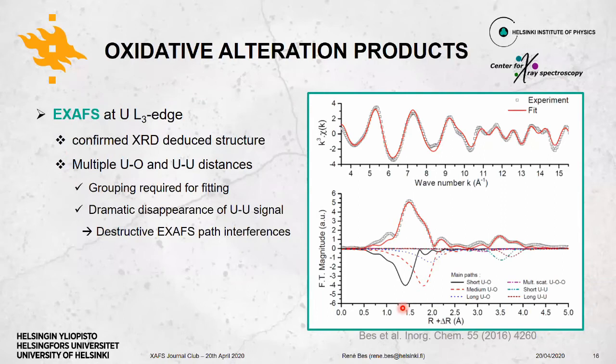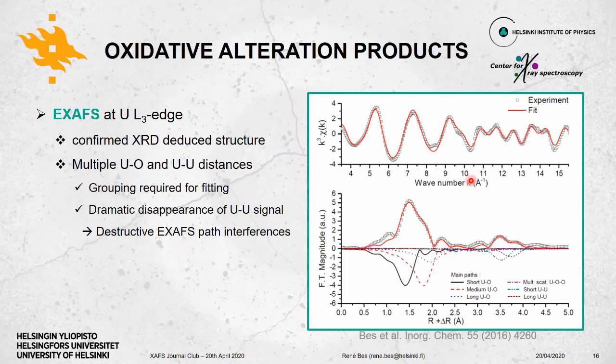The first step was to use standard XAS at uranium L3-edge, because that's what everybody is doing in such types of materials. And fitting this was not easy for several reasons, but we succeeded in mostly confirming the XRD-deduced structure.